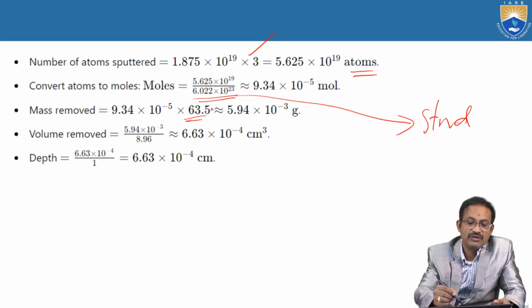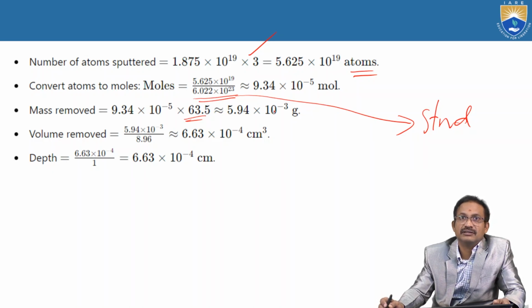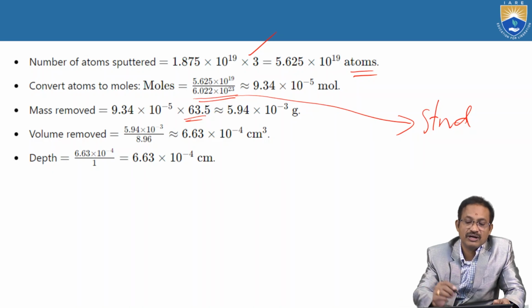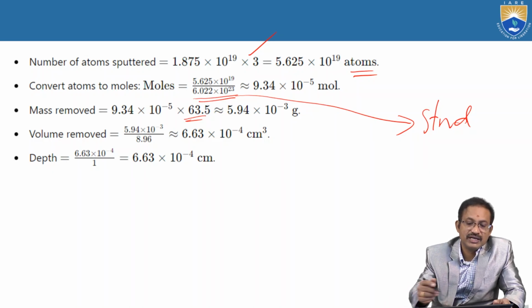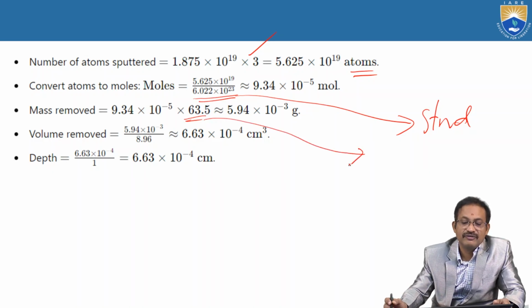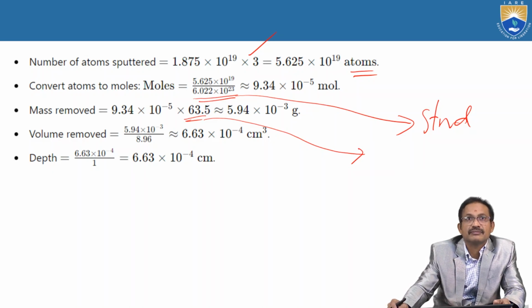While converting into moles we use the standard number 6.022 into 10 power 23, so that we get moles. Once we get that value, we multiply with the standard 63.5. Approximately that value is 5.94 into 10 power minus 3 grams.